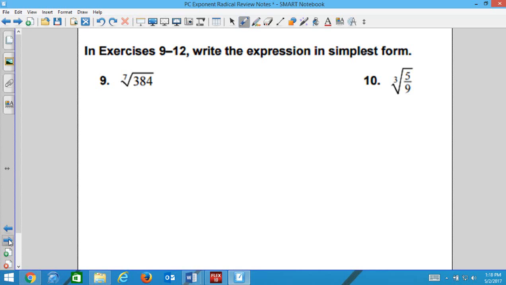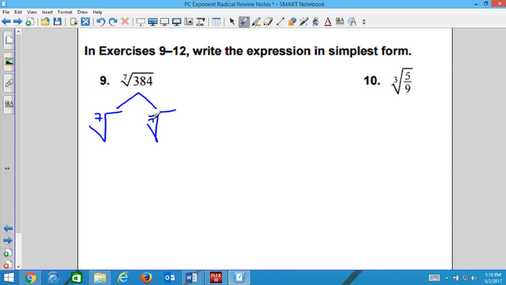Did you do it? It's a decimal, it doesn't go evenly. So that means we're going to just try to find something to the 7th power that goes into 384. 384 is a relatively small number, so something to the 7th power to actually go into 384 has got to be a small number.